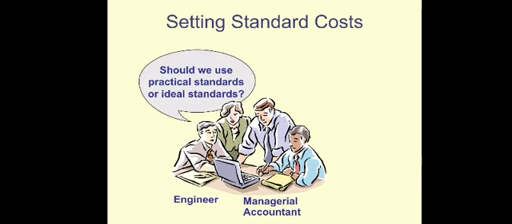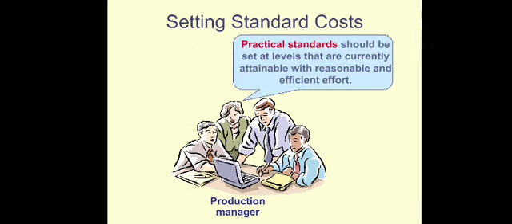Okay, so a business can make a practical standard cost, or they can make an ideal standard. Practical standards should be set at a level that is currently attainable with reasonable and efficient effort.